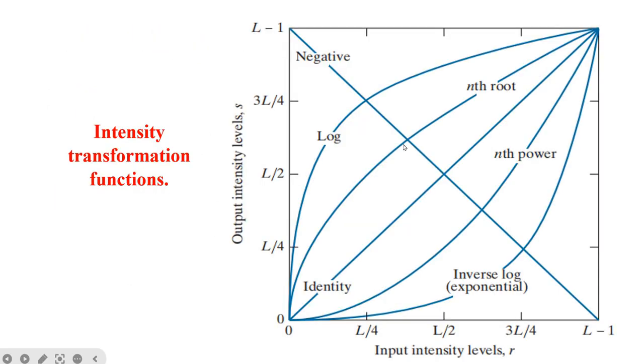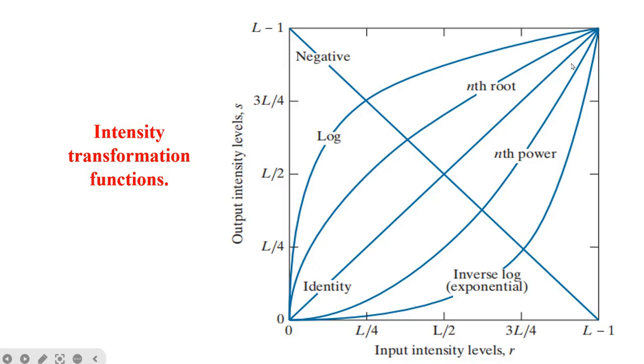This is the figure for the intensity transformation functions. Here we'll see the identity transformation and the negative transformation. This is for negative transformation. This is for identity transformation. Then this curve is for log. This is inverse log. You can see these both are opposite to each other.